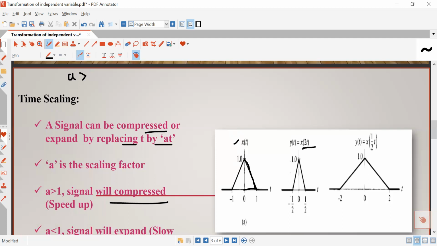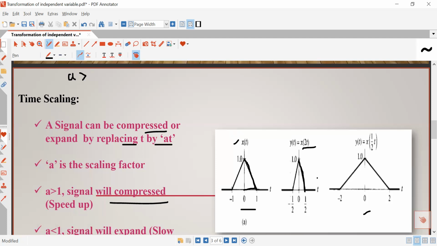But in x(2t), only half a second is required to go from the maximum value 1 to 0. In the original signal, 1 second is required to transfer the magnitude from 1 to 0.